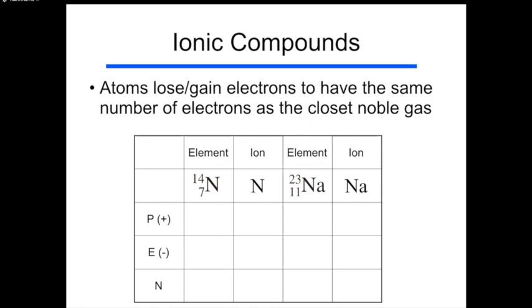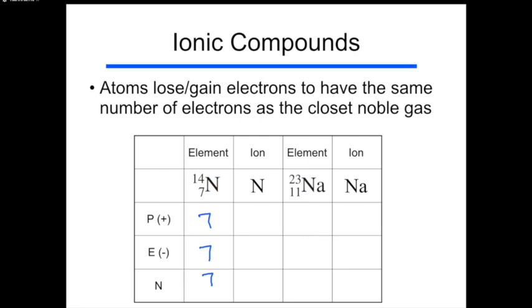When I look at the elemental form, nitrogen weighs 14 and has atomic number 7. That means we have 7 protons, 7 positive things. Since it's the element, it has no charge, so it has to have the same number of electrons. And we can calculate the number of neutrons by subtracting the number of protons from the mass, and so we have 7. That is something we've done before.